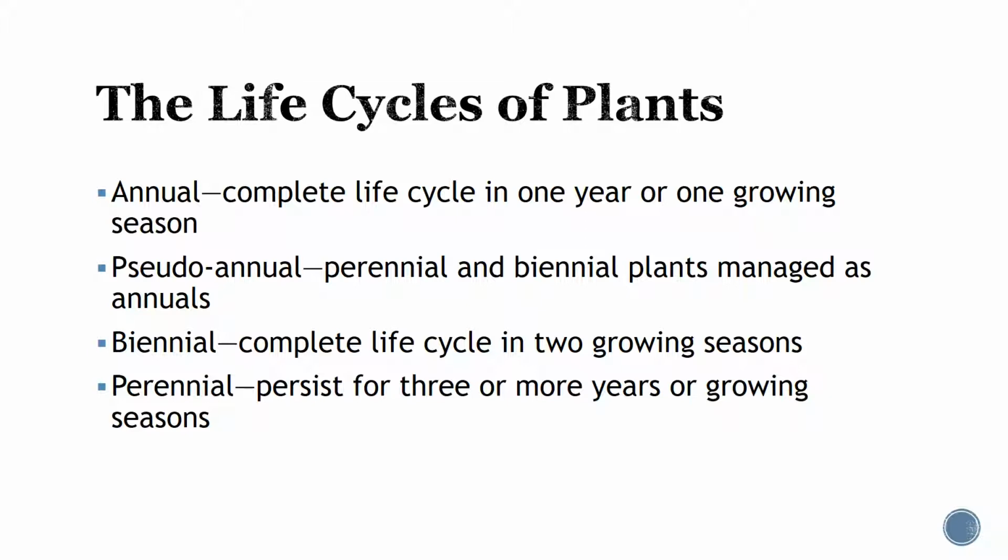So an annual, that plant is going to complete its life cycle in one growing season, but a biannual will complete its life in two growing seasons. So we'll show you some different examples of that in class. Perennial, it's going to persist for 3 or more years, and then a pseudoannual is where a biannual and a perennial will then be something we manage as annuals.